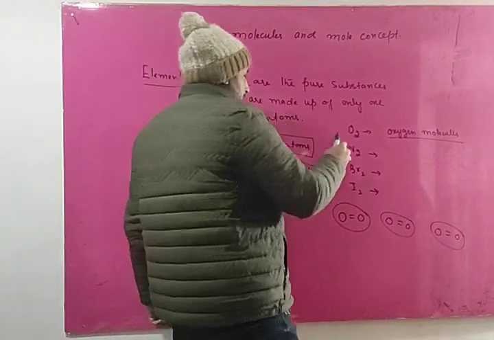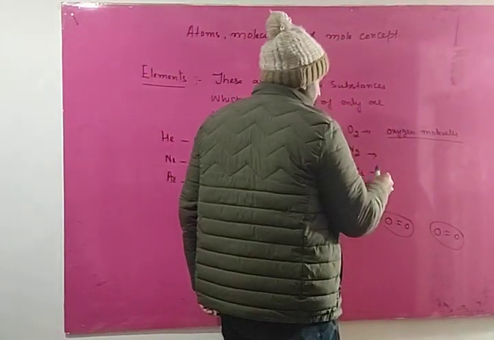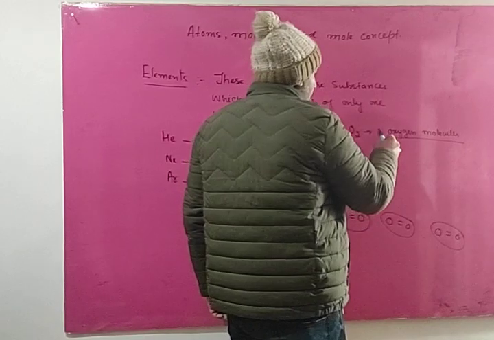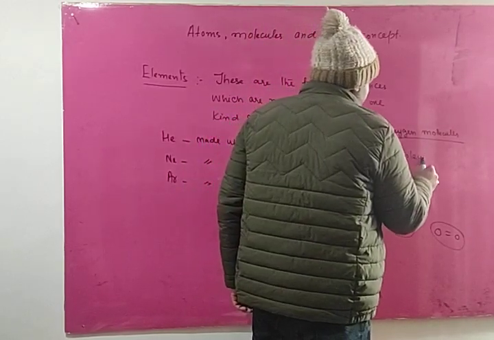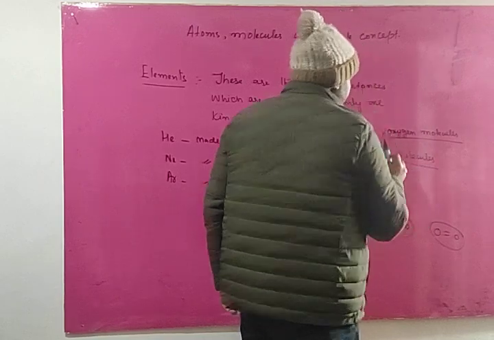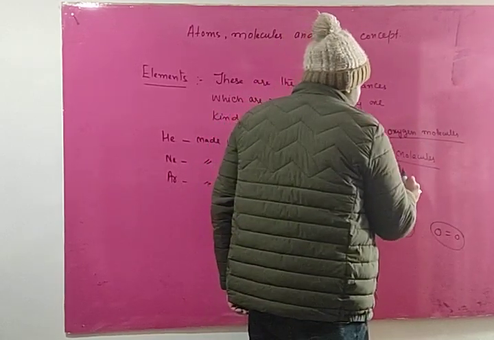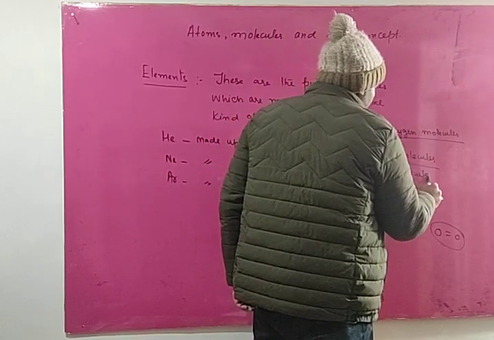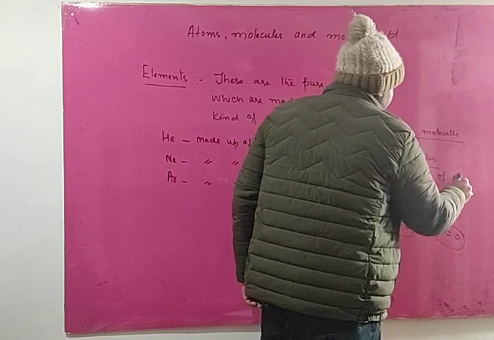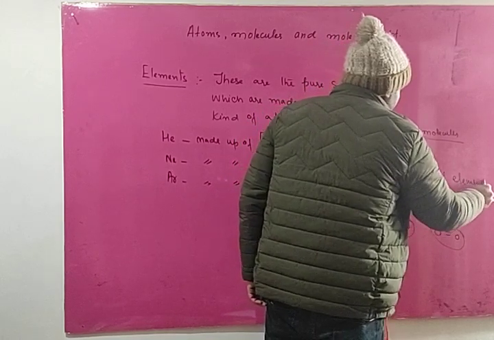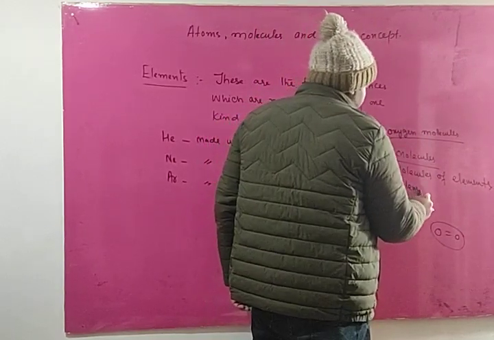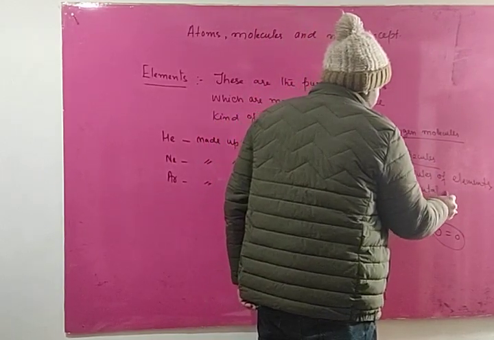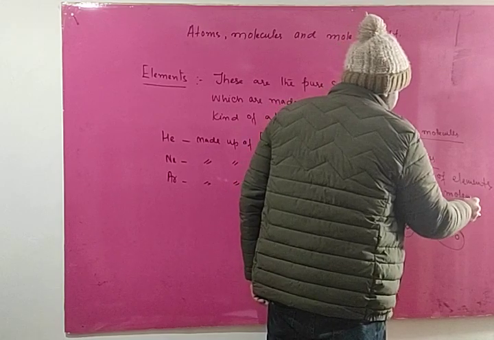And now, since these are groups of atoms, all these species we say are molecules, but we say these are molecules of elements. These are molecules of elements, और हम इन्हें कहते हैं elemental molecules.